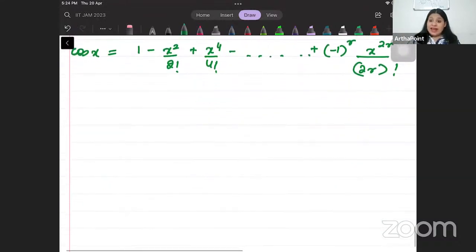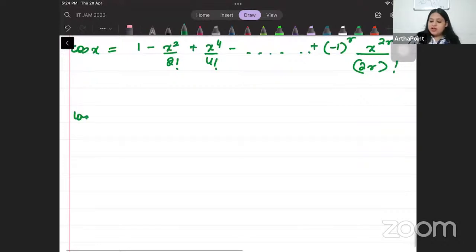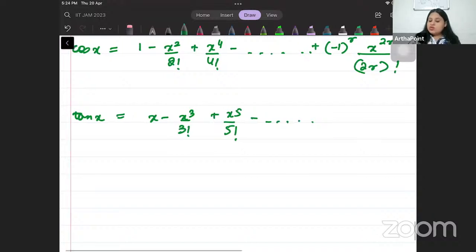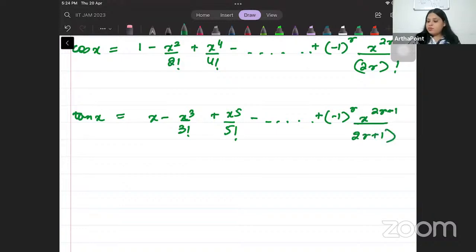I am going to write it for tan x also. Just keep this in mind. If I were to open tan x, this is going to be x minus x cube by 3 factorial plus x to the power 5 by 5 factorial, and so on. And the last term of tan x is going to be plus minus 1 to the power r x to the power 2r plus 1 upon 2r plus 1 factorial.